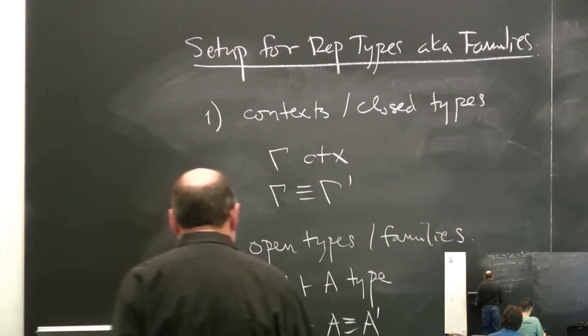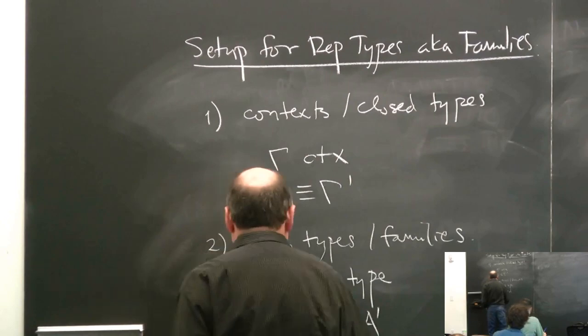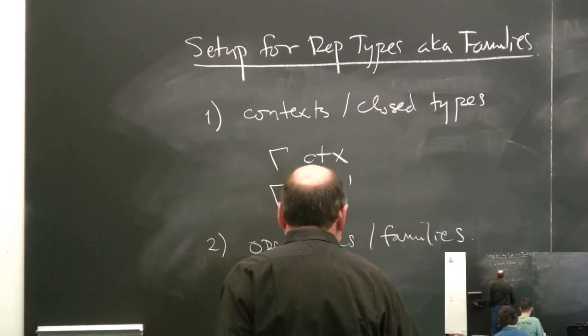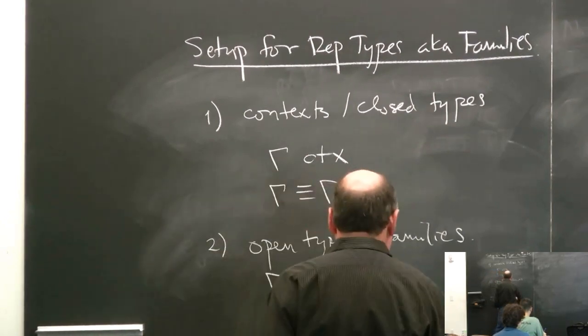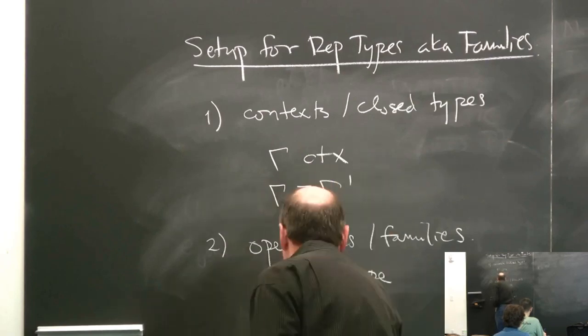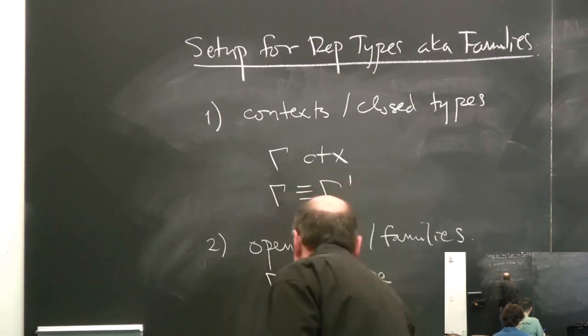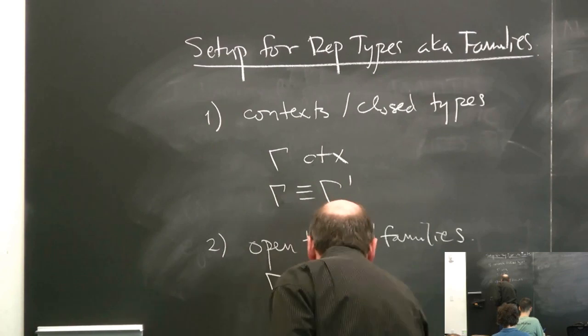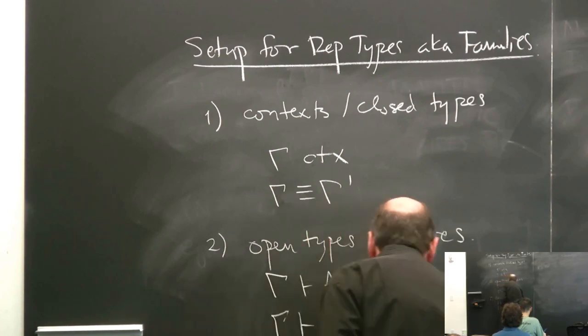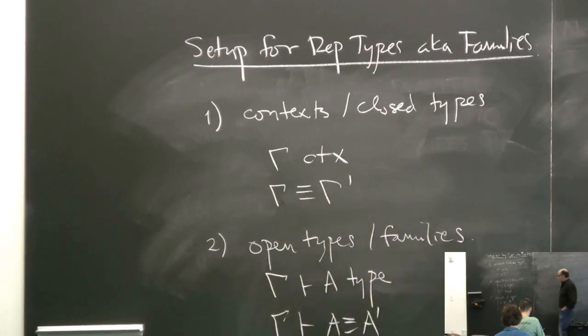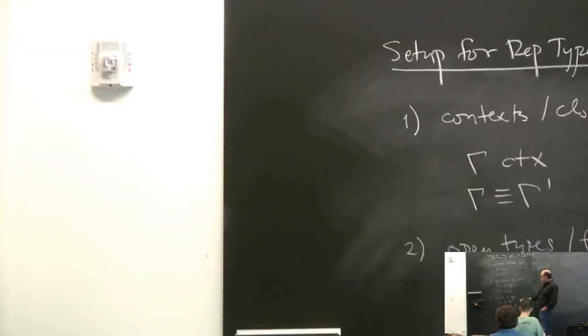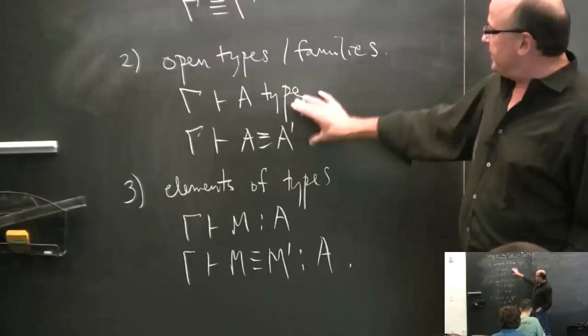And then the third thing is we need the elements or objects or whatever of types. So these are M is in A and M equals M prime in A, written like that. This kind of looks familiar, but unfortunately it's for a different notion of type and a different notion of context.